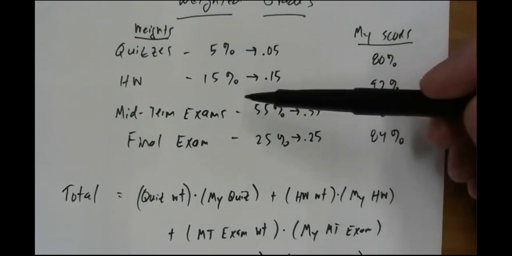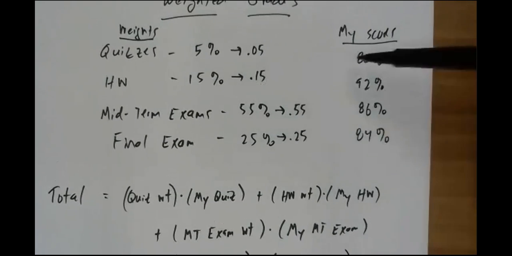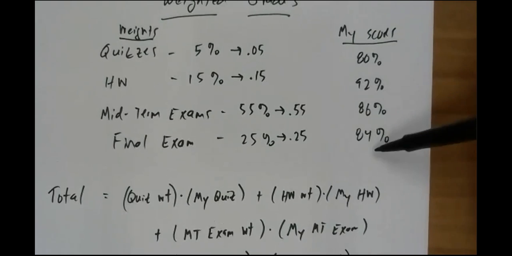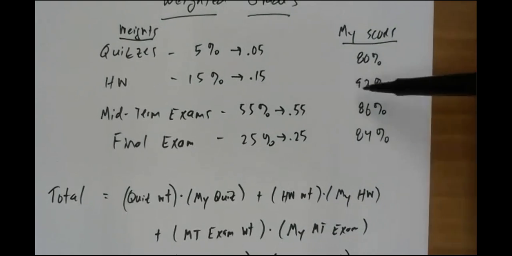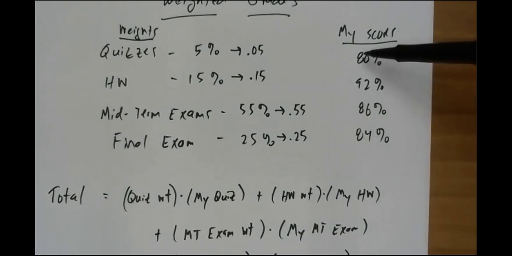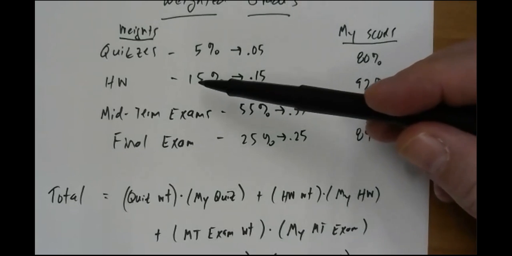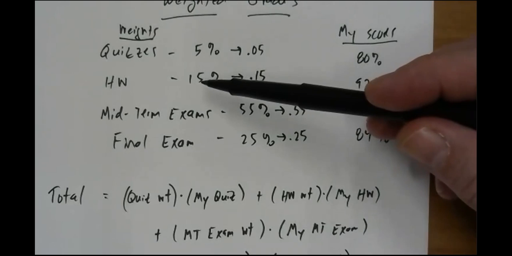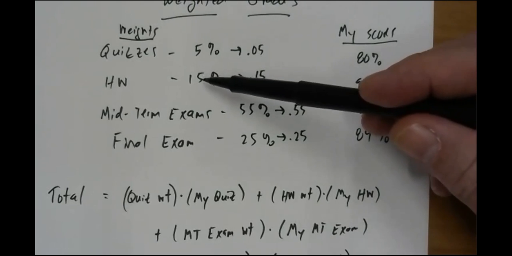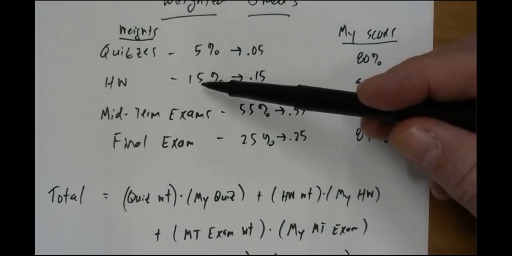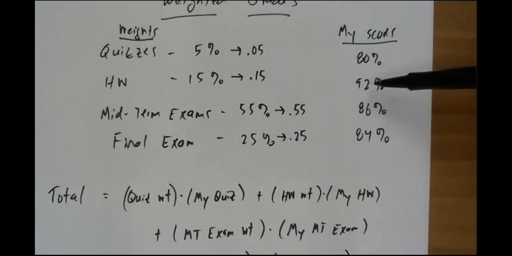So that's the first thing you need. Then for each of these categories, we have to look at my individual scores. For each category, how have I been doing in the class? So if you've had maybe 10 homework scores, you take all those 10 homework scores and you take the average. So far, my average homework score is like a 92%.